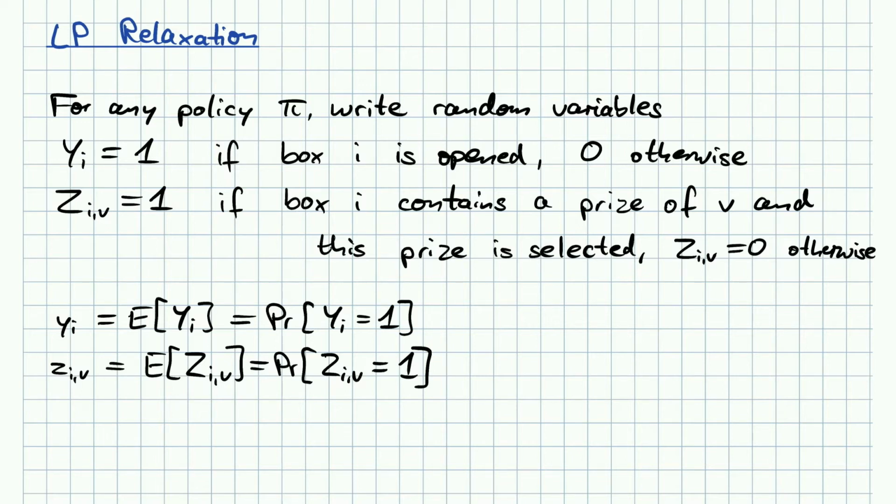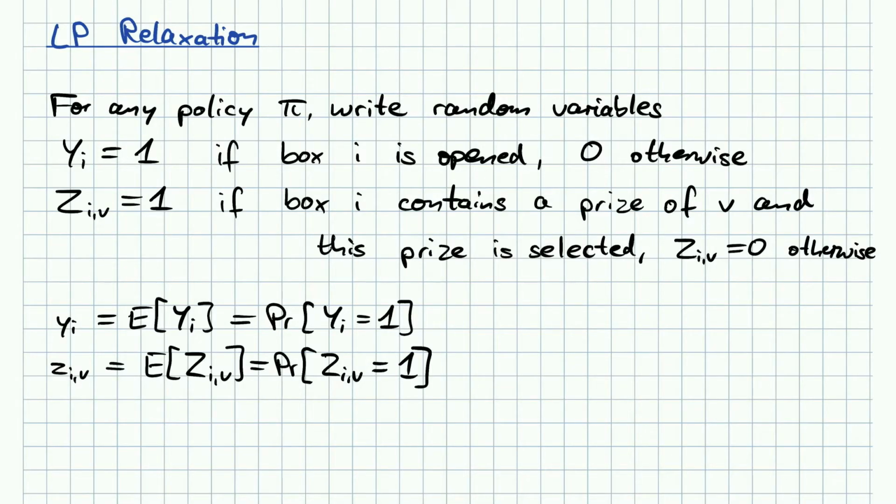This first definition, I think, is clear. What does the y_i mean? This is nothing but the probability that box i is opened, the a priori probability before having opened any boxes.